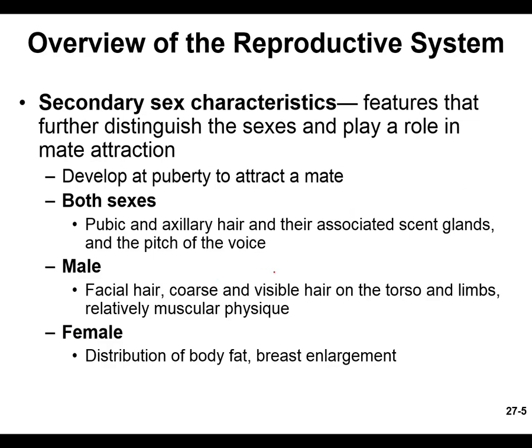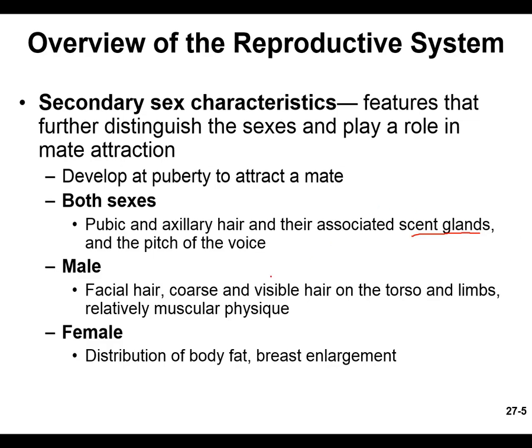We can see changes in the pitch of the voice. And with these pubic and axillary hairs, we have scent glands that also release pheromones, and these pheromones cling to the hair of the pubic and axillary regions, so your pubic hairs and armpit hairs, and that keeps those pheromones more closely associated with the body.